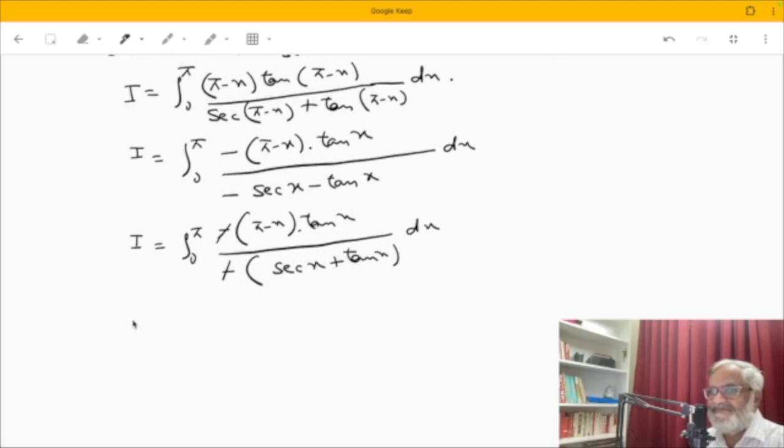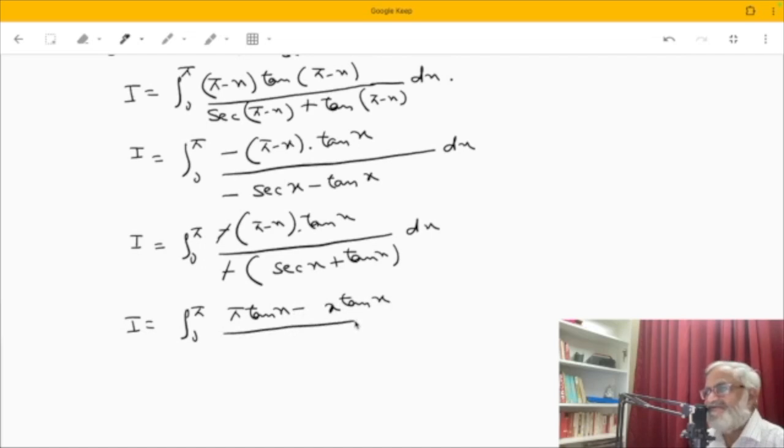Now I equals integral 0 to pi of, open the bracket, pi tan x minus x tan x, whole upon sec x plus tan x.